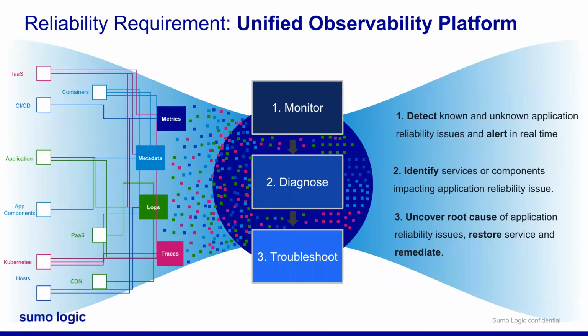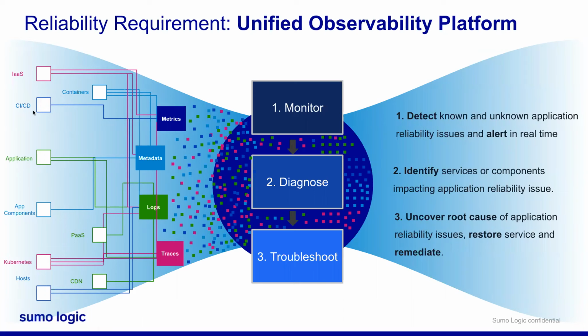A couple of diagrams here that I hope will be helpful. They're kind of busy, but they are also quite descriptive. What we're trying to show here is that one aspect of achieving end-to-end reliability is having a unified observability platform. What does that mean? Starting on the left-hand side of the screen, it's required to get all bits of telemetry data to perform the tasks of the teams in charge of reliability, such as DevOps and DevSecOps, from each and every layer that affects the application.